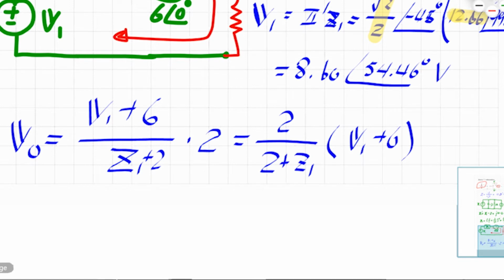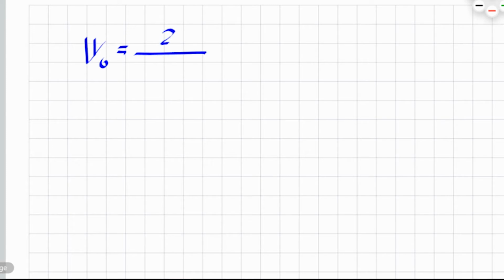So what we need to do is just put the values in. The V0 here is equal to 2 divided by 2 plus Z1, and Z1 is equal to root 2 over 2 with phase angle negative 45 degrees.